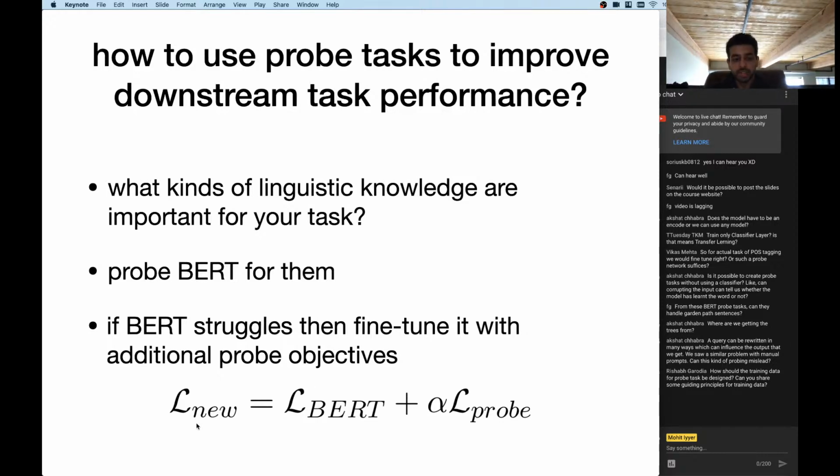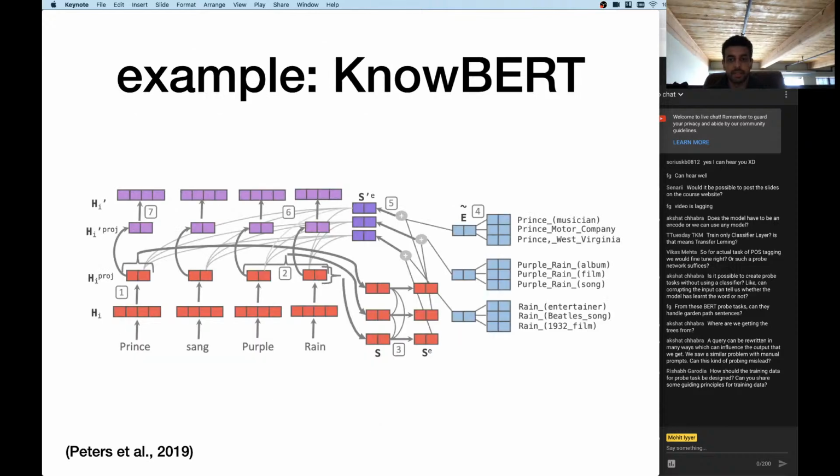So here is an example of the loss function, where you have the original masked language modeling objective of BERT, and then you also add the loss function from this probe objective with some hyperparameter that's controlling the interpolation weight. So how much weight do you give this probe versus the masked language modeling accuracy?